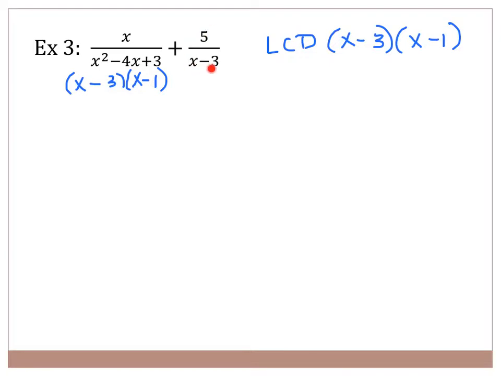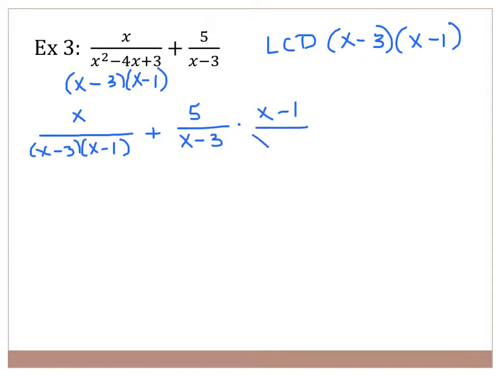So we're going to multiply the second fraction by x minus 1 over x minus 1. So here's my 5 over x minus 3 times x minus 1 over x minus 1.